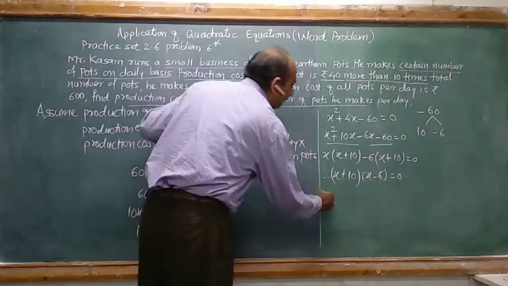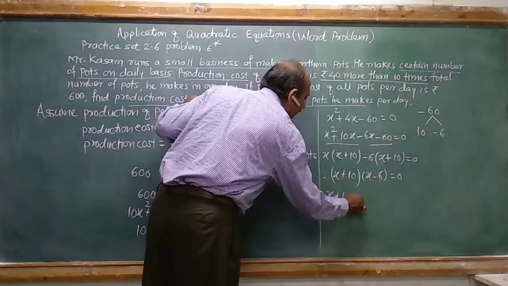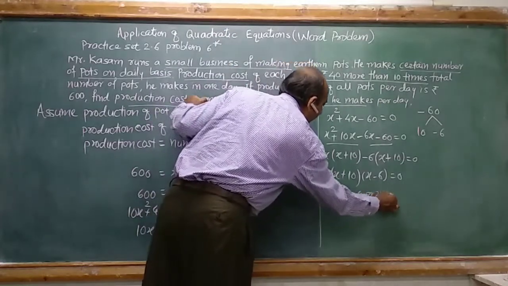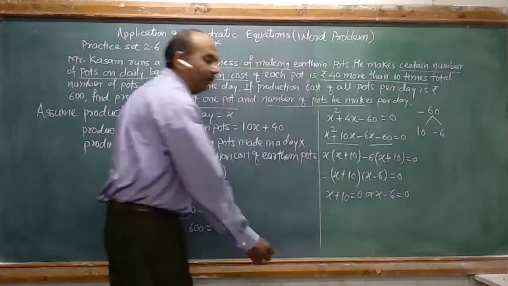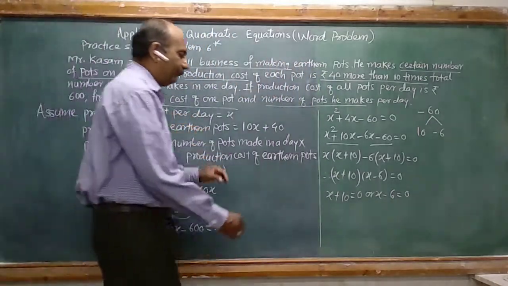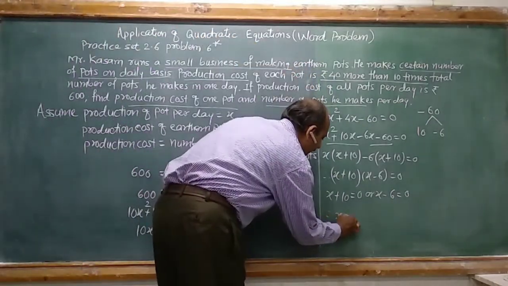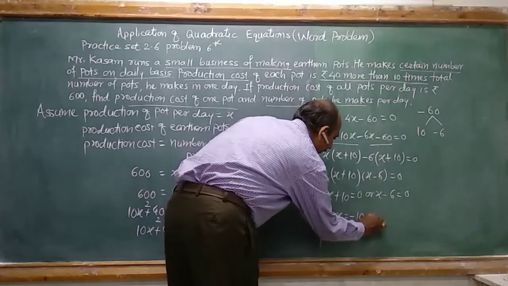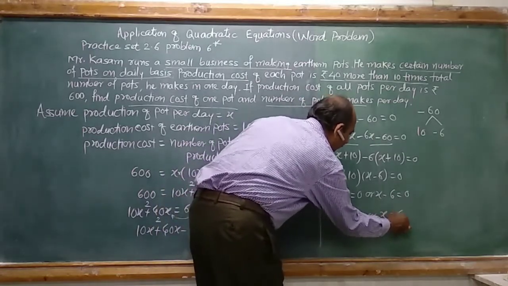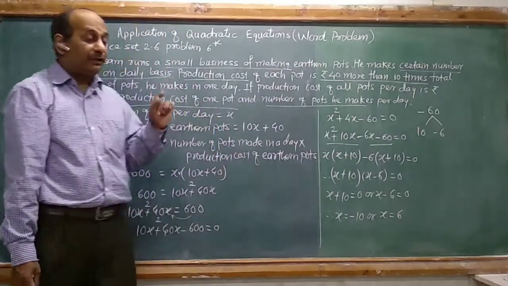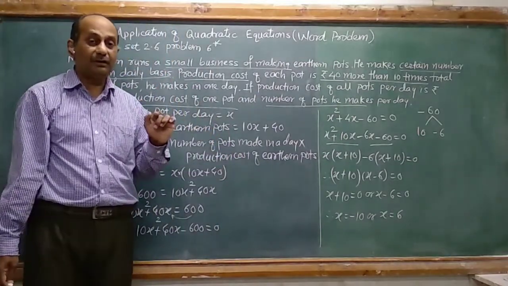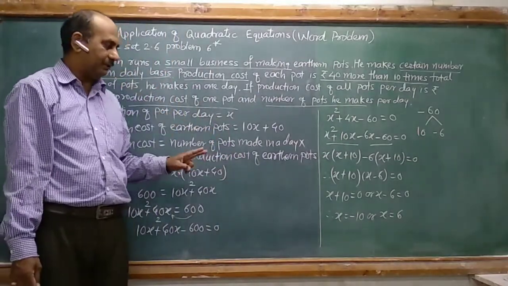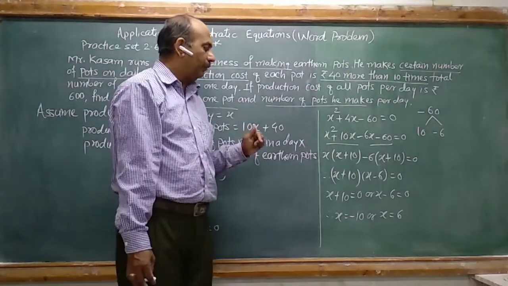Now we know either x plus 10 is equal to 0 or x minus 6 is equal to 0. Therefore, x is equal to minus 10 or x is equal to 6. Now, here there are two values of x. So, which one should be correct?